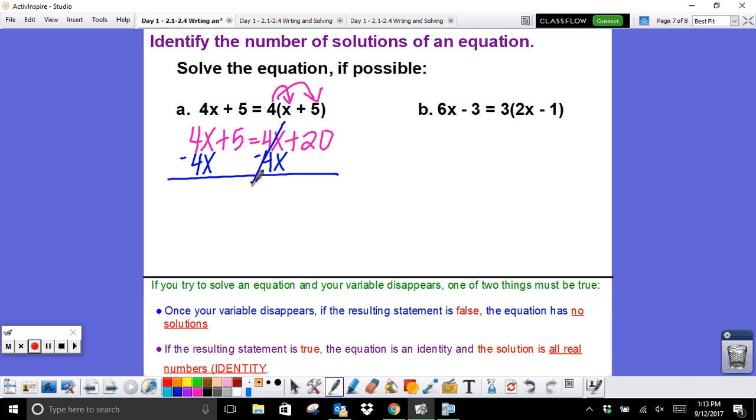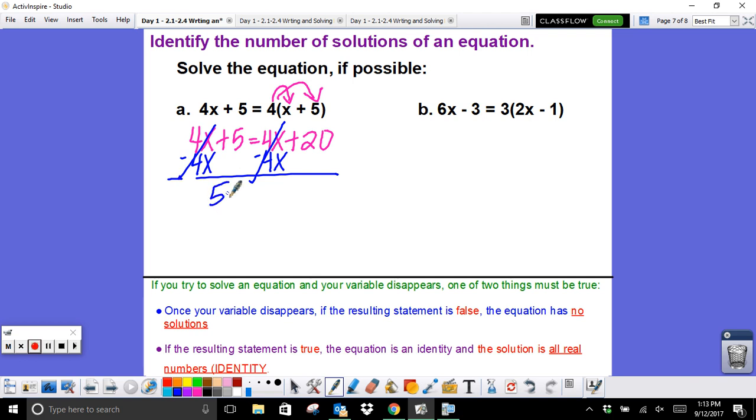Now be really careful here, because a lot of people think 4x minus 4x is x. But if I just wrote an x, it's like there's a 1 in front, and you're telling me 4 minus 4 is 1, which is not true. 4 minus 4 is 0. Okay, well if I put 0x, that doesn't make sense either, because anything times 0 is 0. So what happens? Those just cancel out.